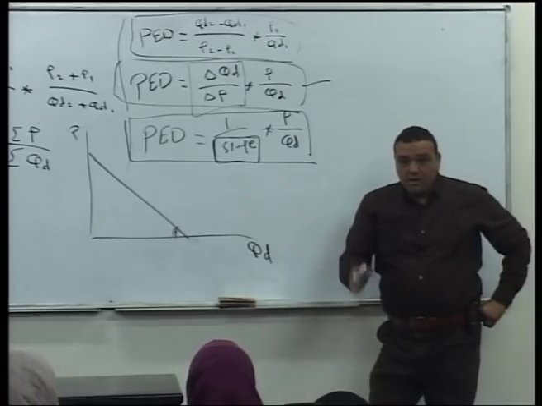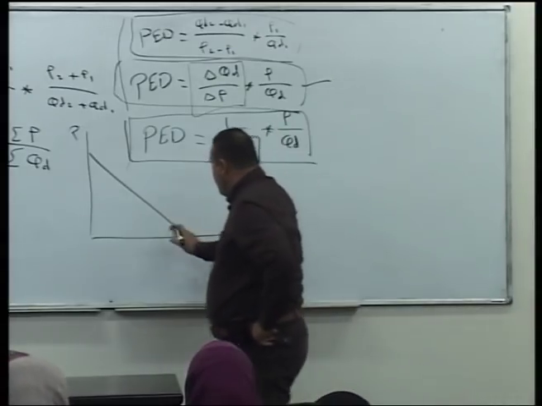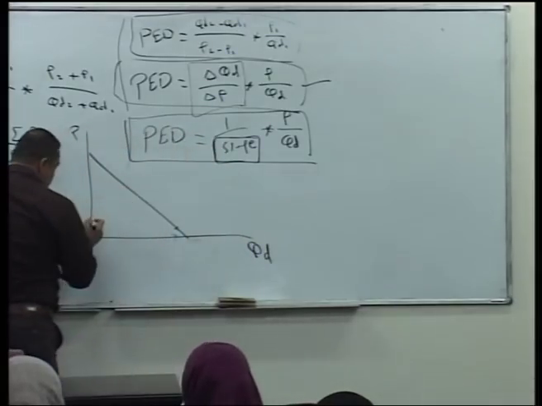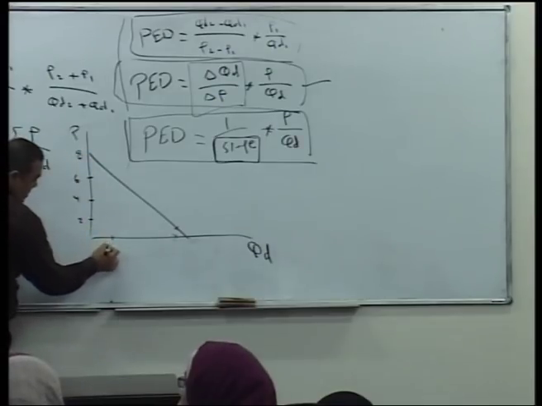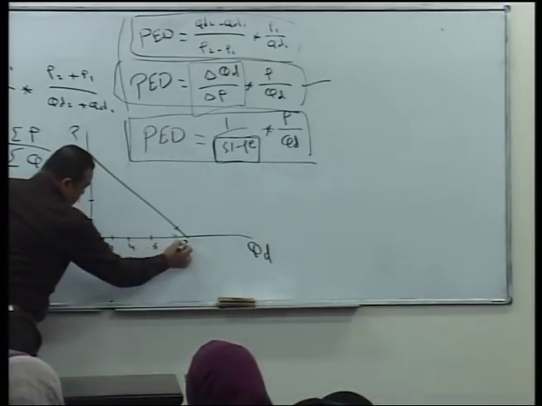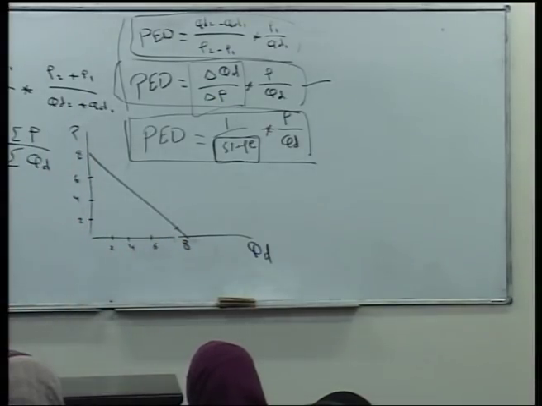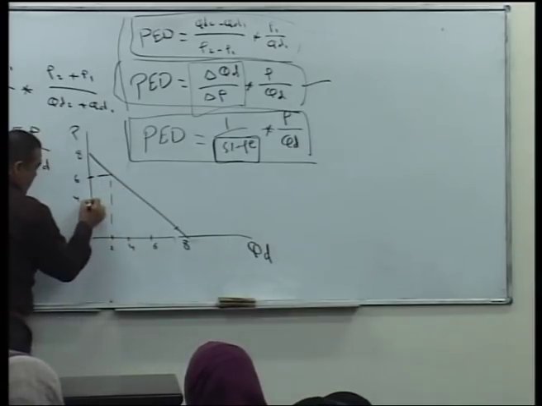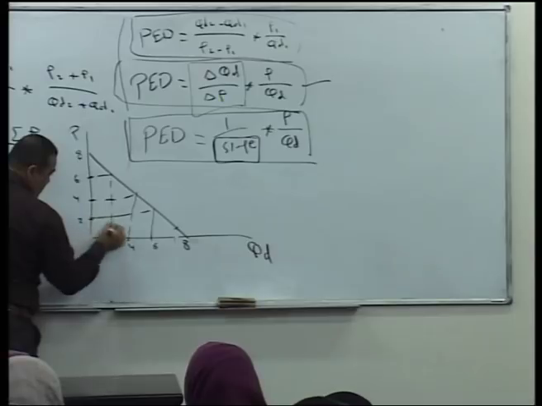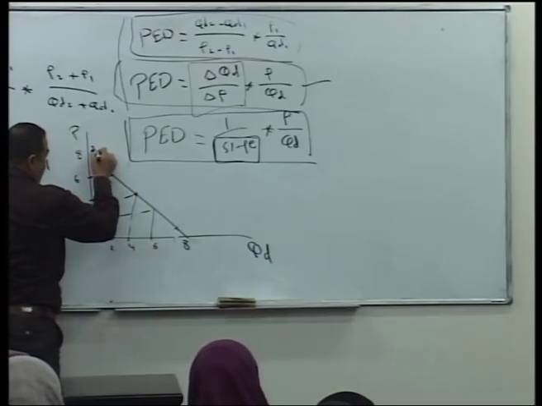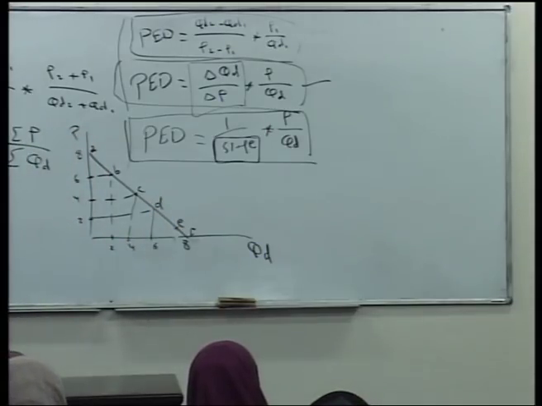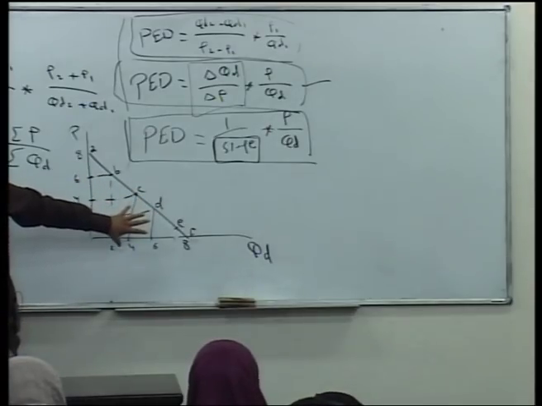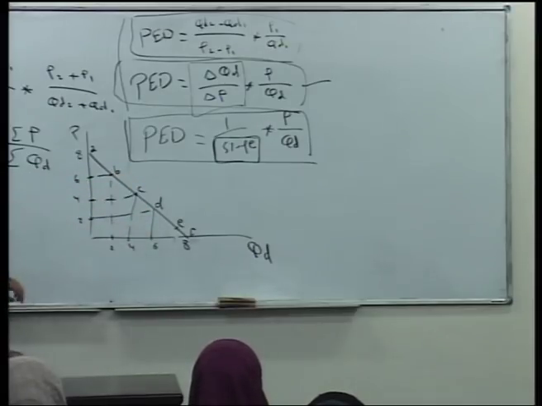Right? Now, let us assume that along this demand curve we have 2, 4, 6, 8 on the axes, with points A, B, C, D, E, F. Can you see this graph, or is it not clear?